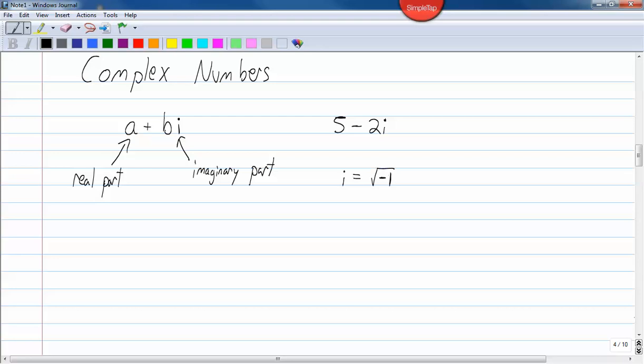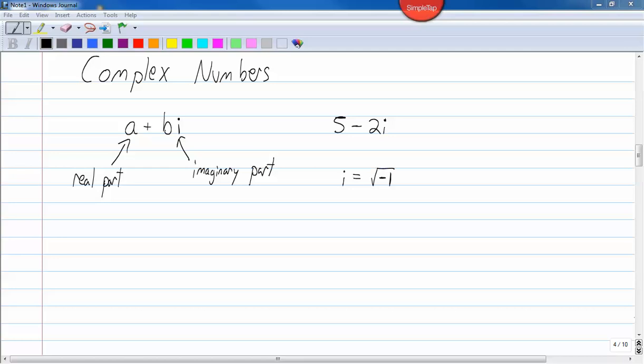So you've been told over and over through different math classes that you can't take the square root of a negative number. And you cannot if you want to get a real number answer. You cannot take the square root of a negative number, not to get a real number.